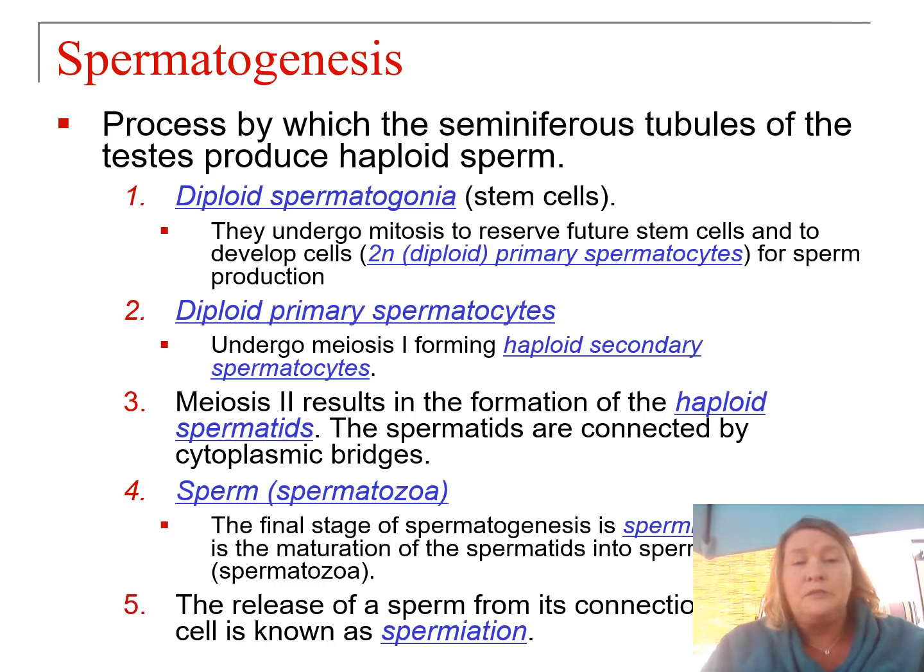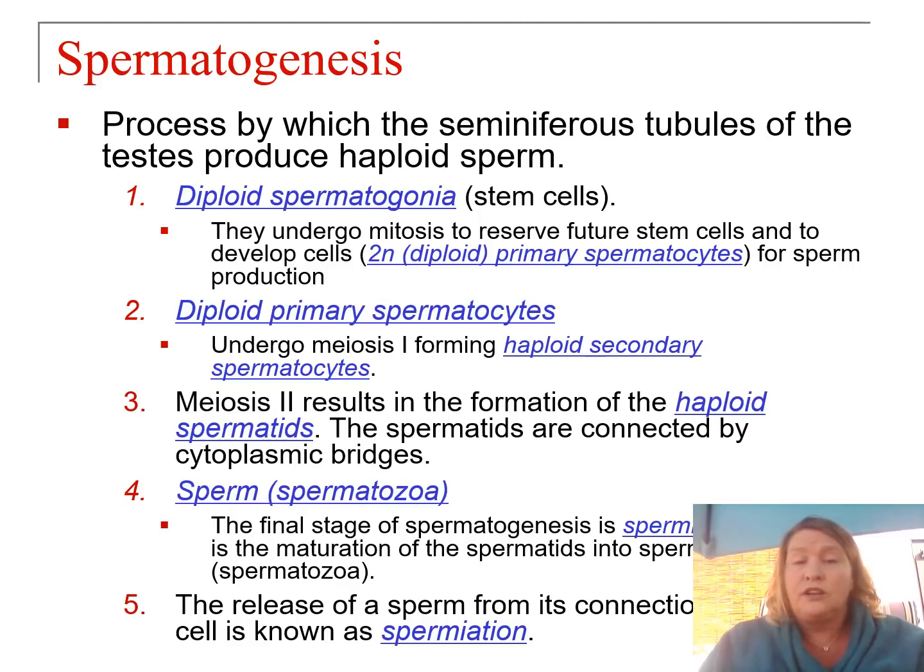Okay, let's start talking about spermatogenesis. I have this in text format and in the next slide in picture format. It's basically the process of taking a diploid cell and turning it into a haploid functional sperm.